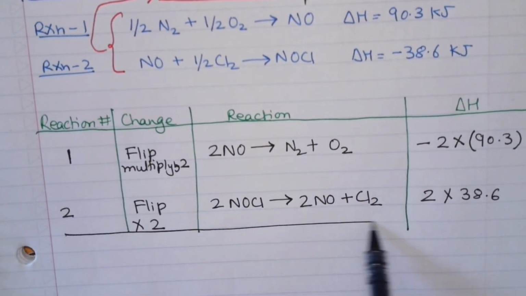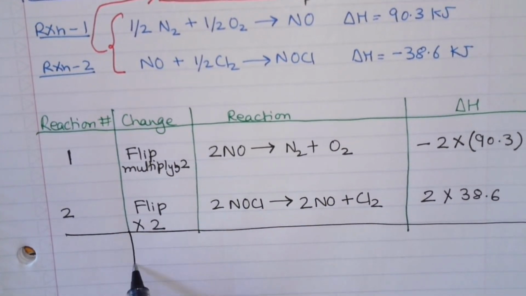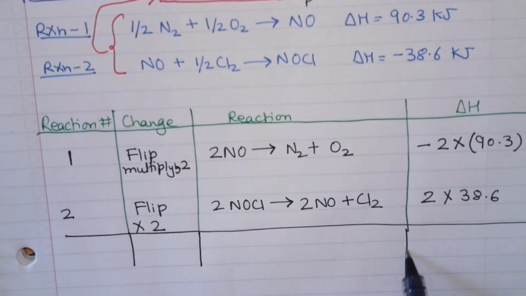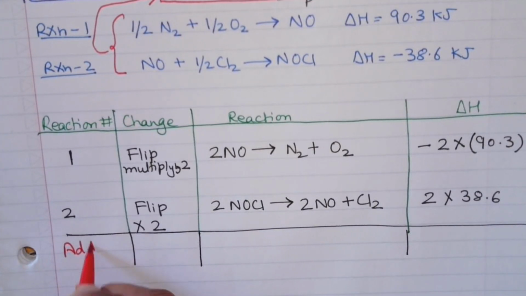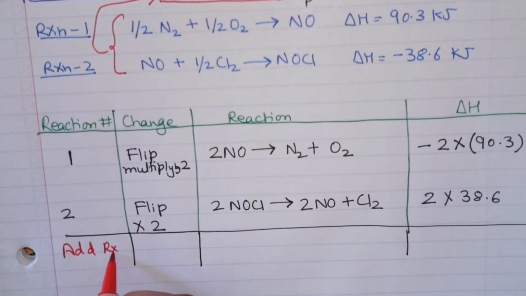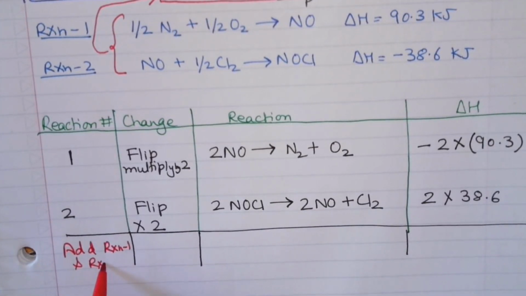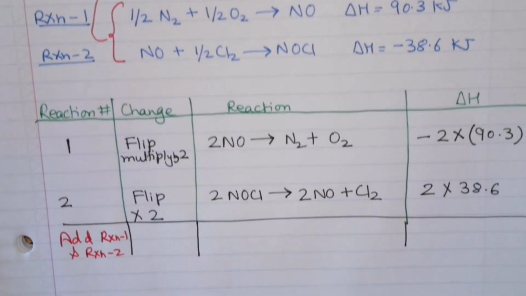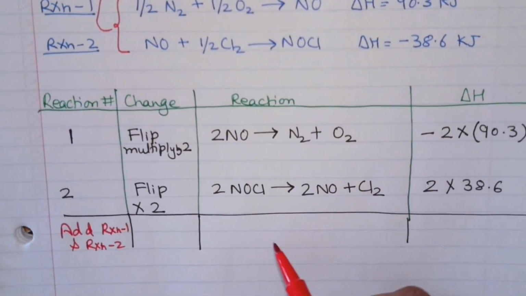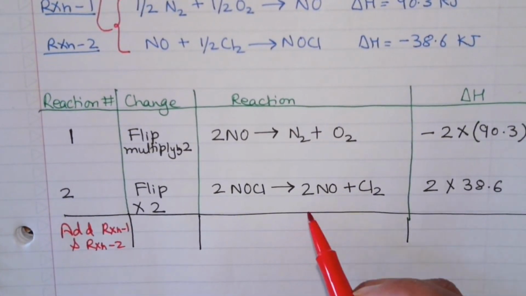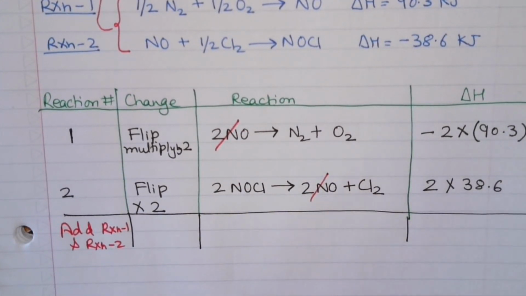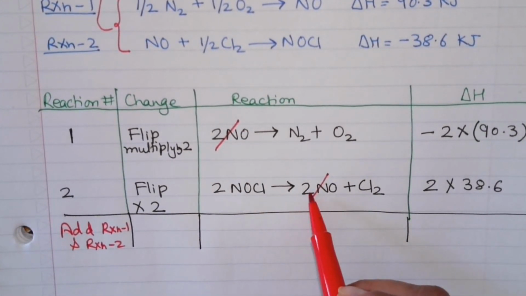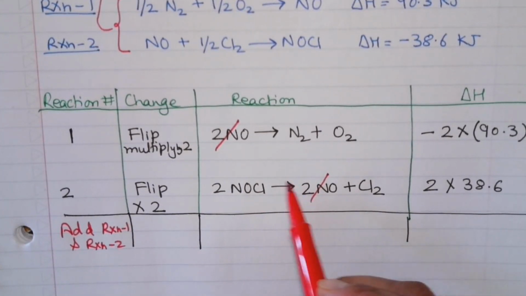And then what do we do? We add these equations. So let's add reaction 1 and reaction 2. Okay. So when you add, now let's look for the like things on both sides. 2NO and 2NO cancel out because they are on opposite sides with the same coefficients, right?